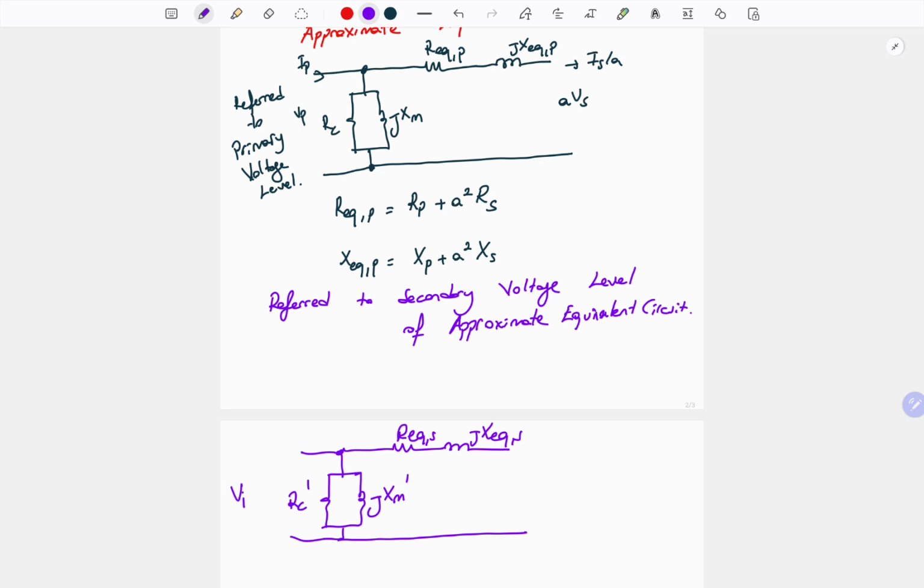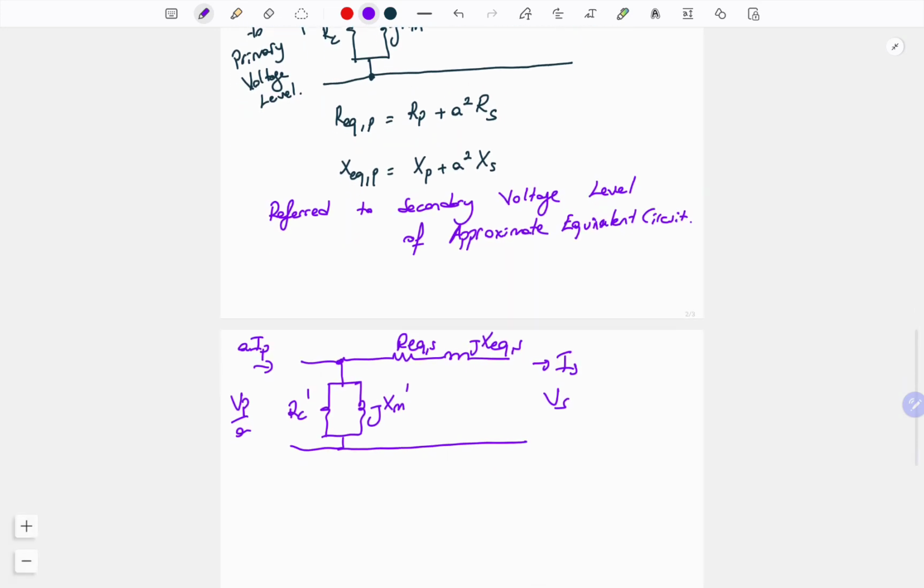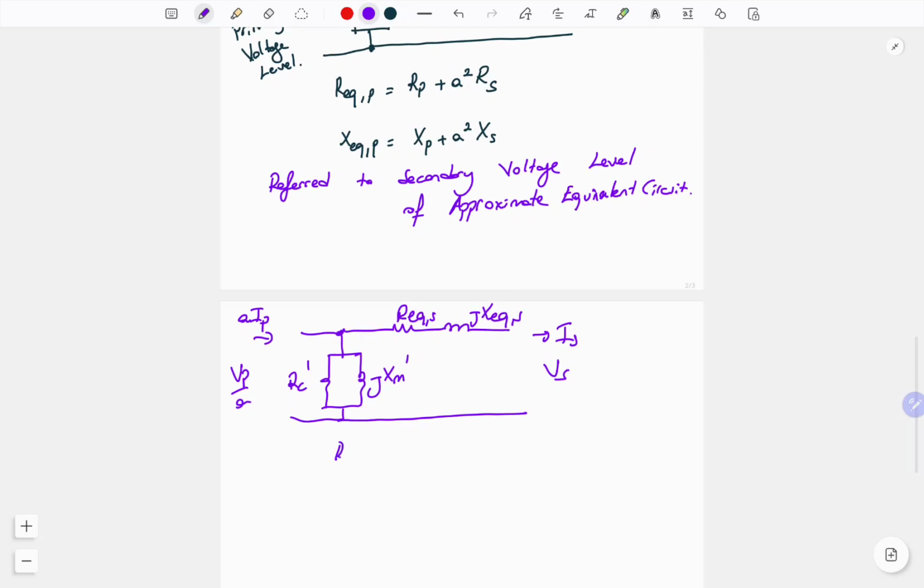So we have Vp over a and a times Ip for the secondary voltage level equivalence of the primary side. And for the secondary equivalents, R equivalent S and X equivalent S. Now we are working on the secondary side equivalents. That means we will use our Rs and Xs directly, and the primary side resistance and reactance must be referred to the secondary side.